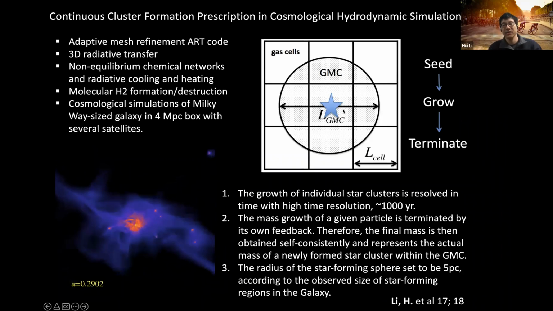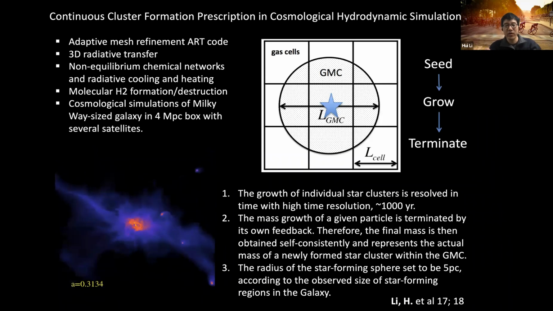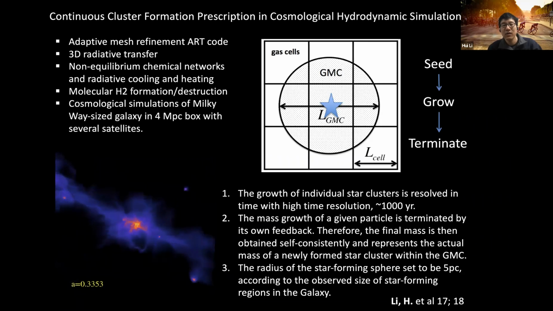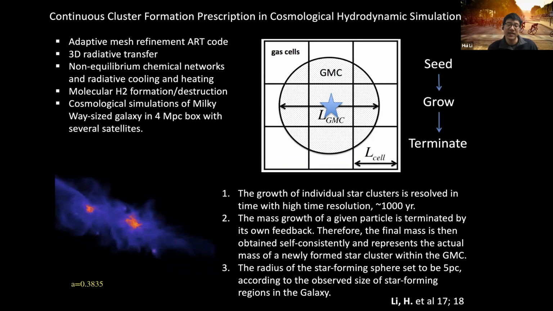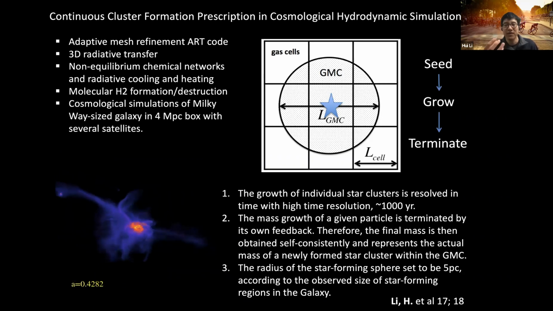And then I allow the gas to accrete onto the star cluster particle so that it can grow its mass. With the high time resolution, I can resolve the growth history of individual star clusters that form in the molecular clouds in the cosmological simulations.